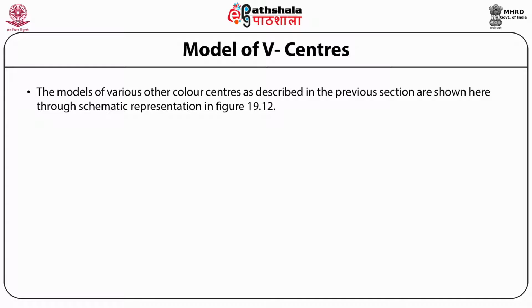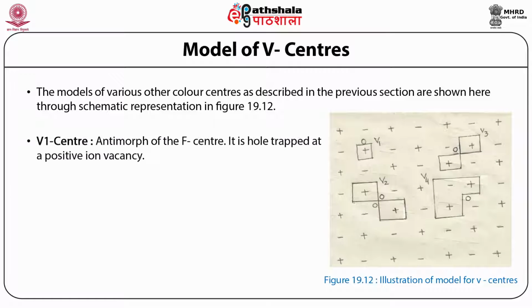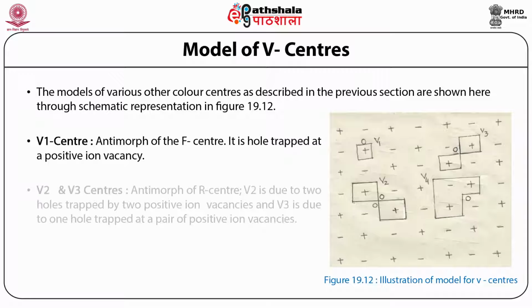The models of various other color centers, as described in the previous section, are shown here through schematic representation in figure 19.12. V1 center is an antimorph of the F center. It is a hole trapped at a positive ion vacancy.